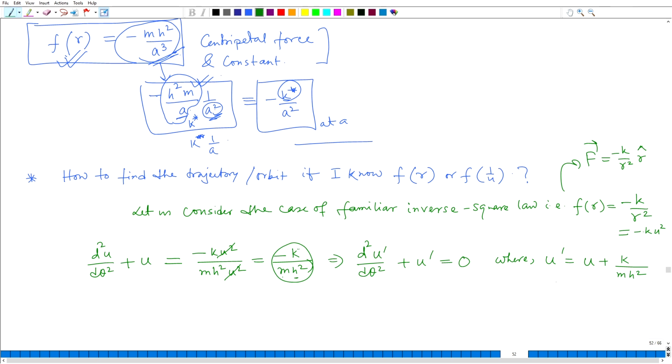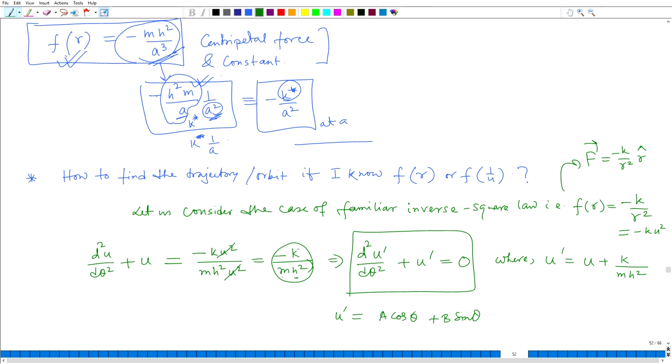If you have this, then I actually know the solution of this equation. That I know from my experience with trial solutions. I know u prime will be equal to some a cos theta plus b sin theta, trigonometric solutions.